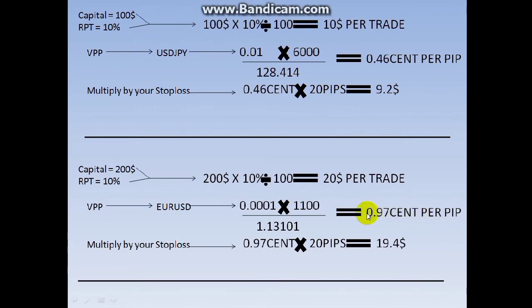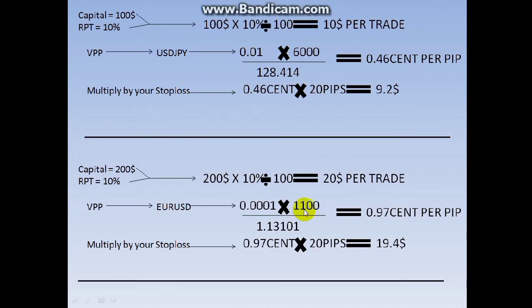Now the maximum lot size we are going to use is 0.11. We have moved from a micro lot size to a mini lot size.